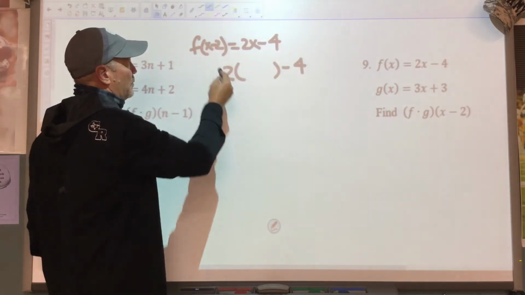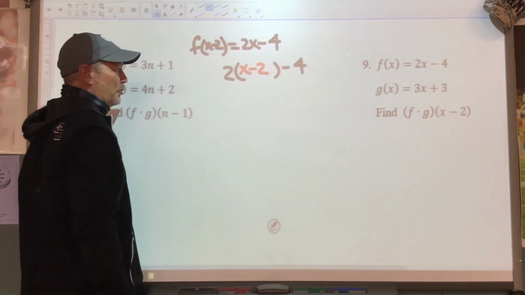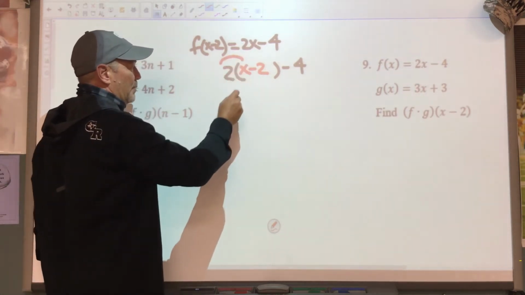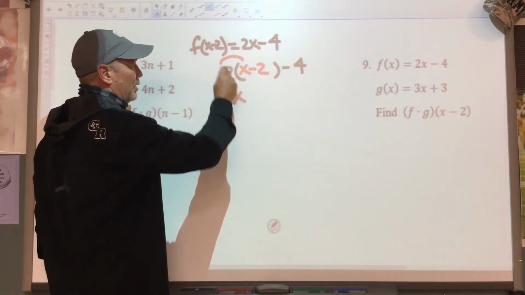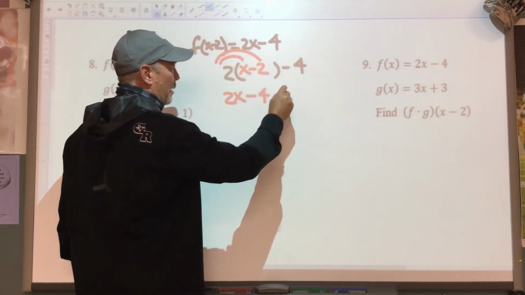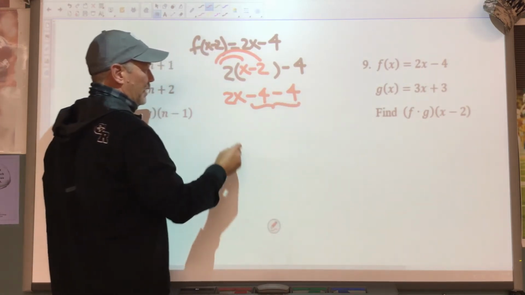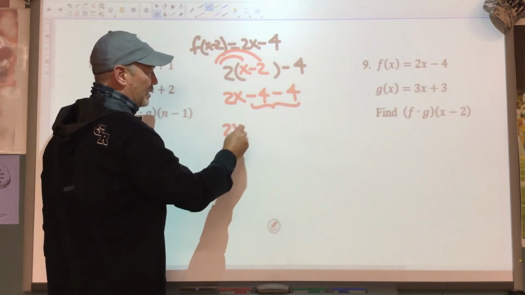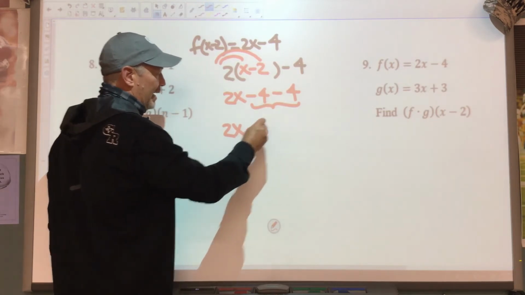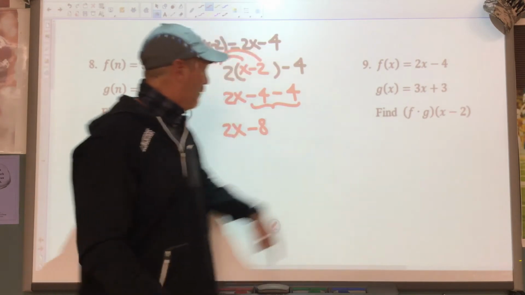We're going to have to substitute in the x minus 2. We distribute. 2 times x is 2x. 2 times negative 2 is a negative 4. Minus 4. We combine our like terms, and we get 2x minus 8. That is your f value.